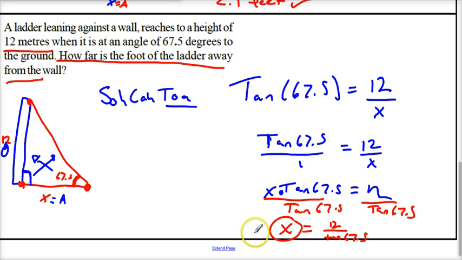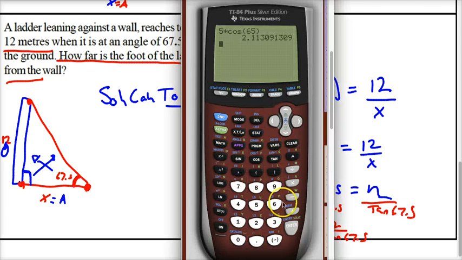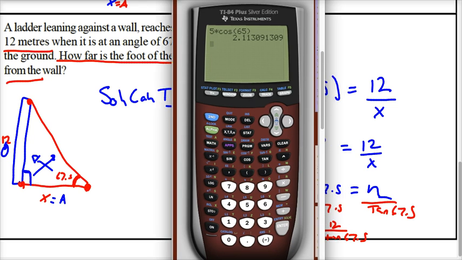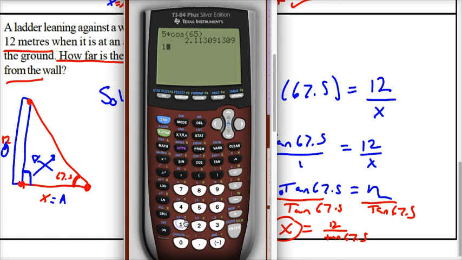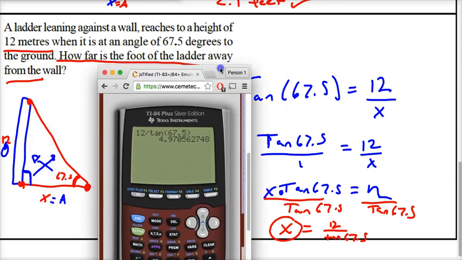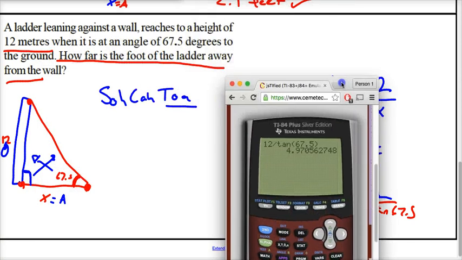And to solve this, we're going to put it in the calculator. So we're going to do 12 divided by the tan of 67.5, close parenthesis, and we get 4.97. This question says, how far is the foot of the ladder away from the wall? Well, you know what?